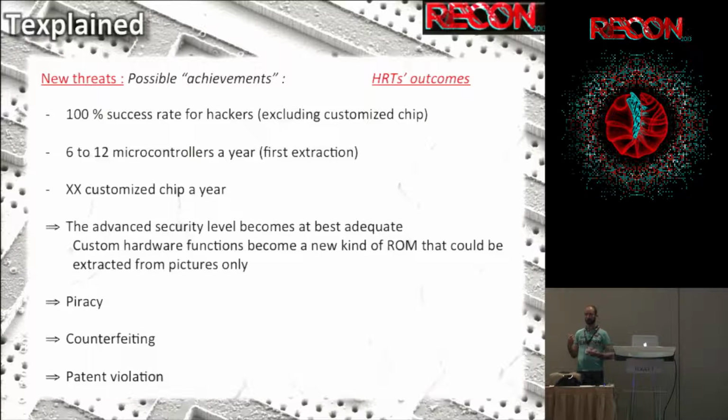And if we think a little bit, a worm is a pattern of bits that you put together. So what's the difference? There's no more difference. So it means that those bad guys will also be able to look at customized chips. So the advanced security level is becoming adequate, and adequate is becoming trivial.